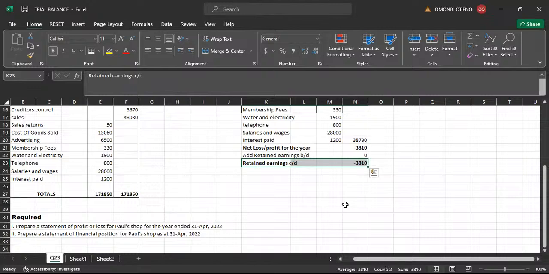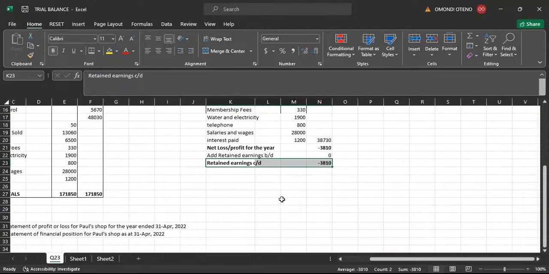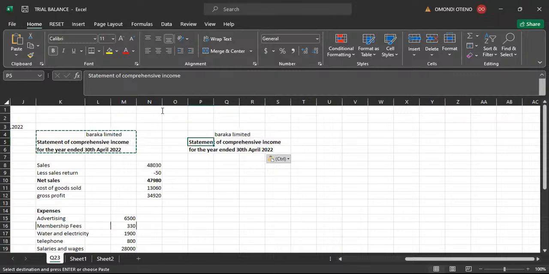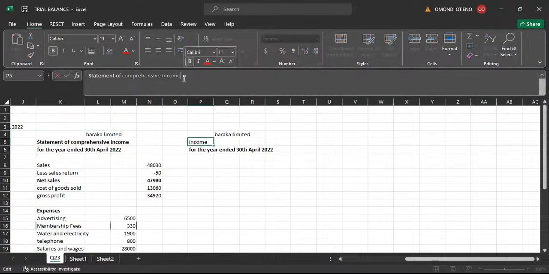Okay, if that is making sense to all of us, then I want us to move forward to prepare the statement of financial position. So I can just have this information here, and then I call it statement of financial position, where the question only asks for it.